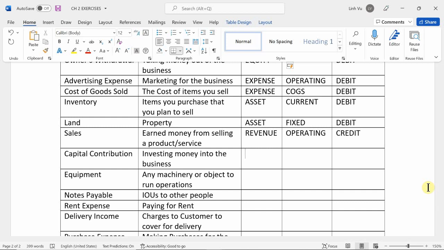Okay. So what about a capital contribution, when you invest money into the business? Asset. It is not an asset. Liability. You're investing money into the business. Are you owing anybody money when you invest? No. Revenue.